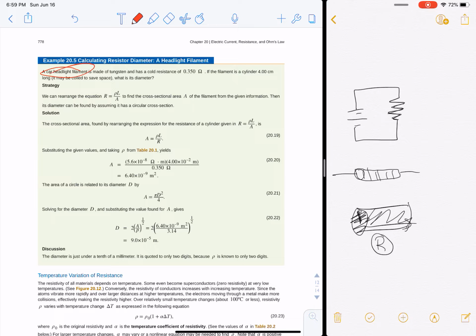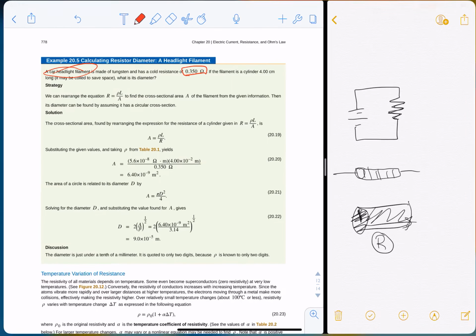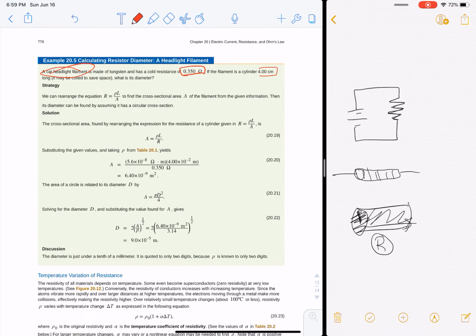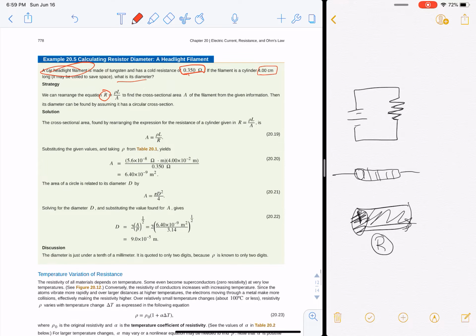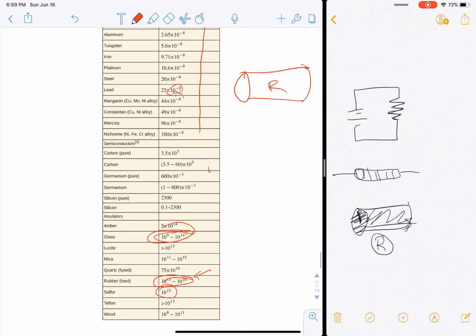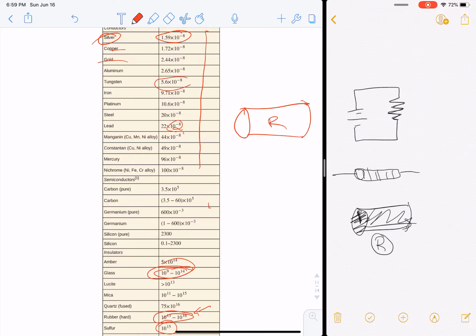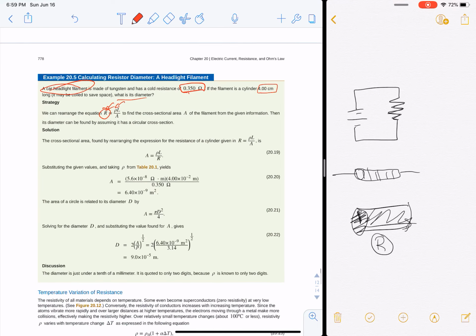Okay, so we've got an example here. You've got a car headlight filament. It's made of tungsten and has a resistance of 0.35 ohms. If the filament is 4 centimeters long, what's its diameter? So the resistance is 0.35 ohms. Our resistivity we look up for tungsten, so there's the resistivity for tungsten, and the length is 4 centimeters.